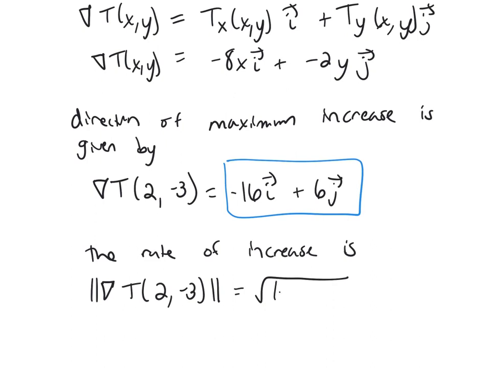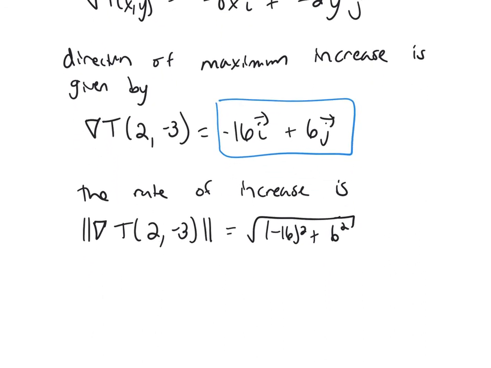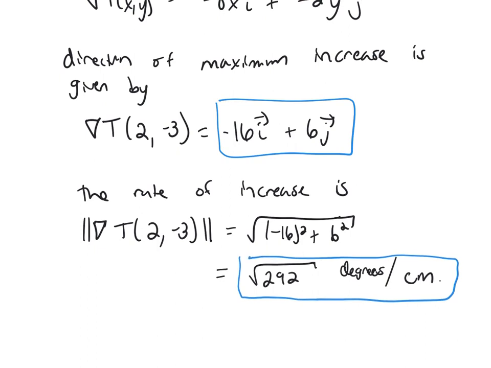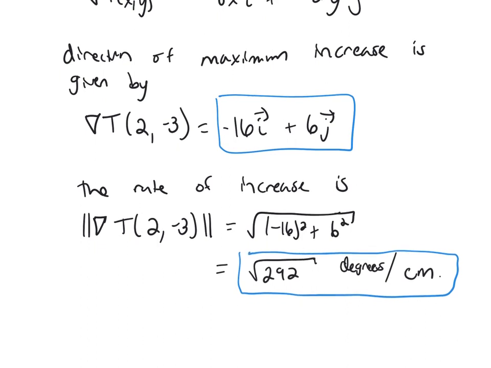So you square 16 and 6 squared, and you're going to get the square root of 292. And this is degrees per centimeter. So this is my maximum rate of change at that point.